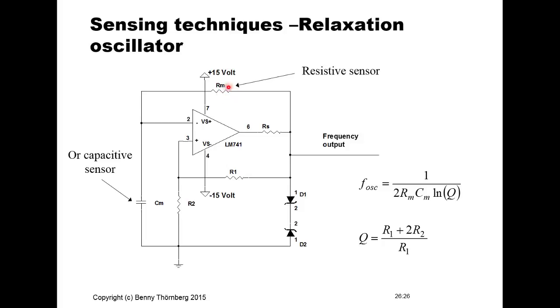And if you keep the resistance constant, then the output frequency will be inversely proportional to the capacitance, or if you keep the capacitance constant, then the output frequency will be inversely proportional to the resistive sensor.